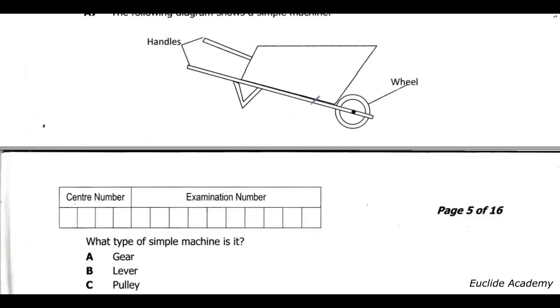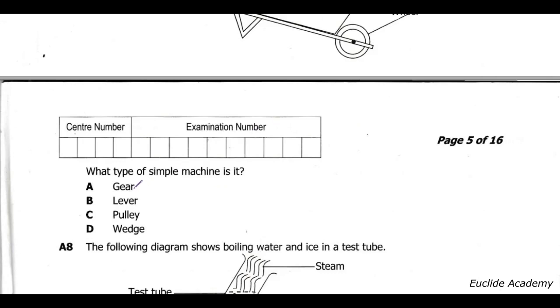Is it a gear? This is not a gear. Is it a pulley? You can remove the things that don't really make sense. Gear, no. Wedge, no, because a wedge has to be something with a sharp edge, a triangular shape. Pulley, not a pulley. So it should be a lever.